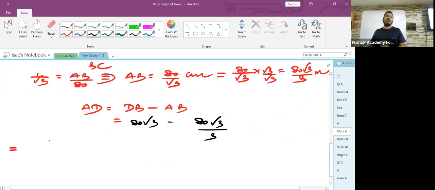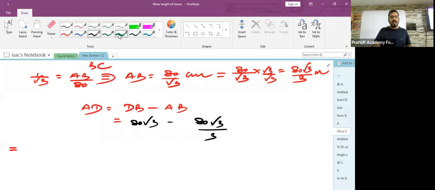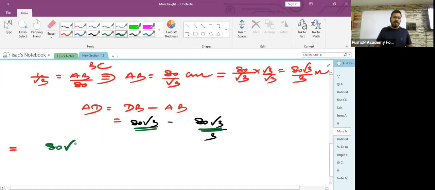Children, an easy way to solve this. Don't go with the LCM directly. You know the reason? You have 80√3 and 80√3 over here, isn't it? Take that 80√3 out as a common factor. So inside the bracket, what will you get? Here 1 minus 1/3.